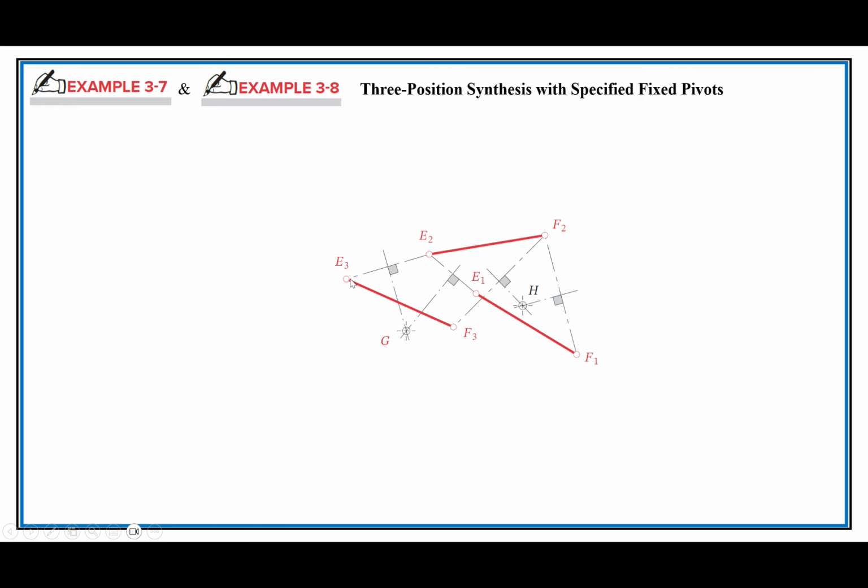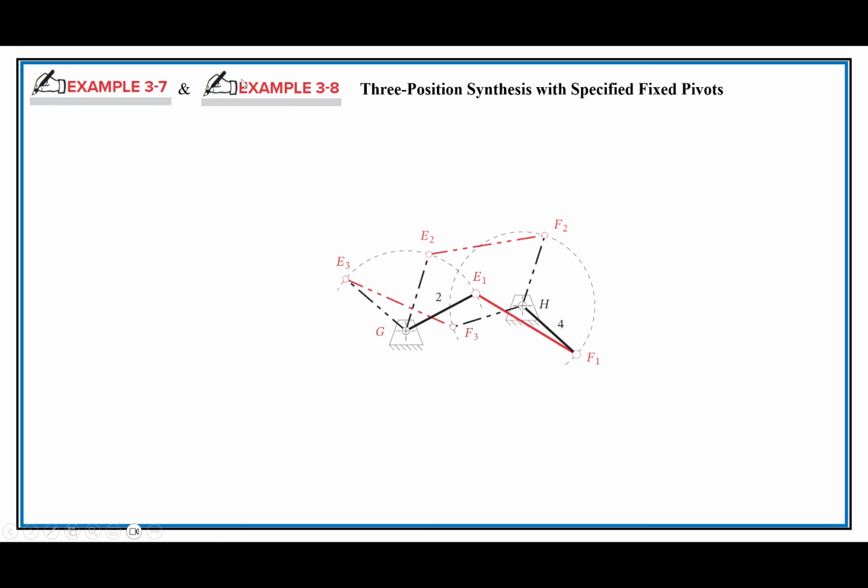So just like we did with all the other ones, we found ground links for this thing as if it's a coupler. Boom. And so now E1, F1, as they've labeled this, can move between E2 and F2 and E3 and F3, right? So it's a 4-bar linkage, and it can move between there.